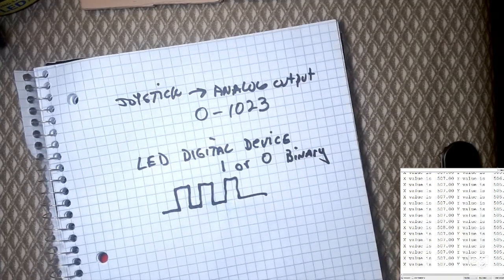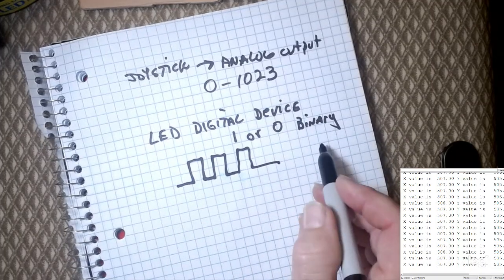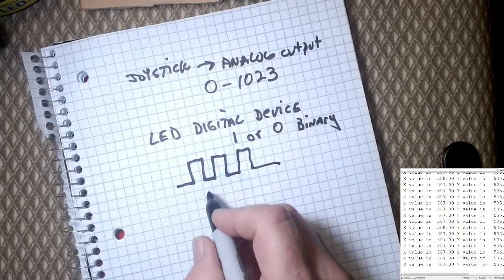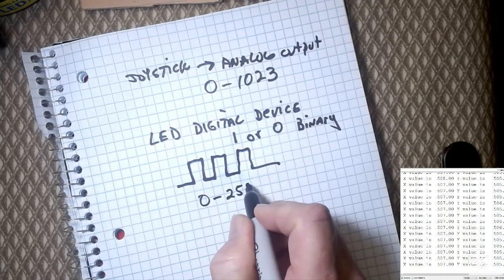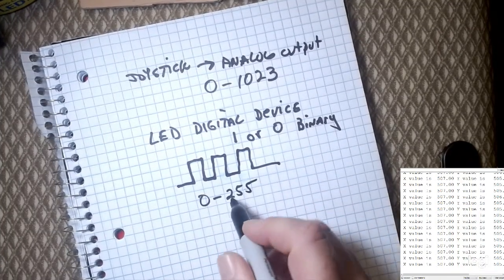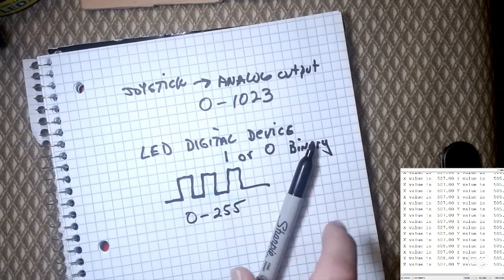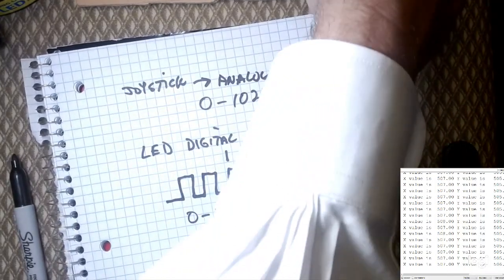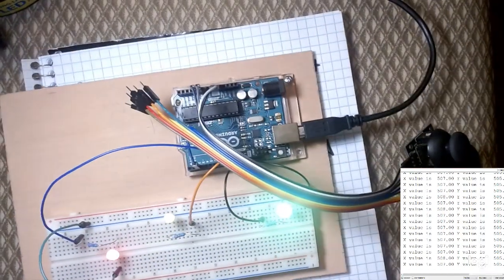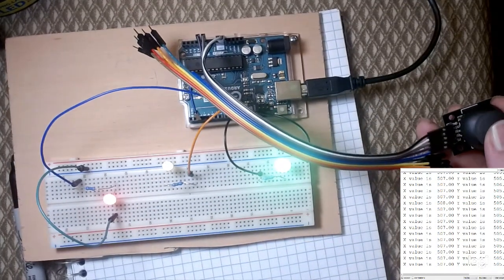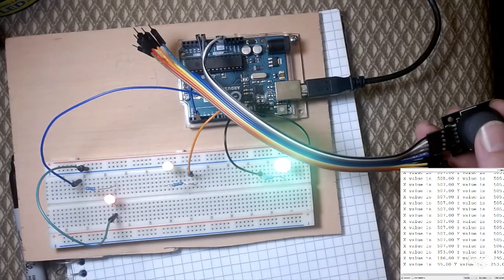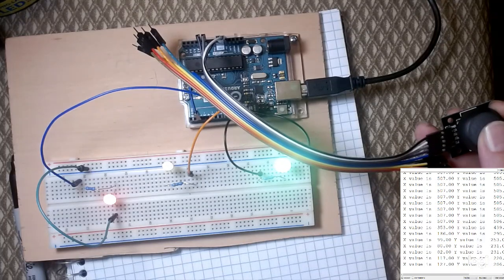So since it's a digital device, it's looking for numbers between 0 and 255. Back to our LEDs, if you'll notice, it won't start to dim until I get below 255.